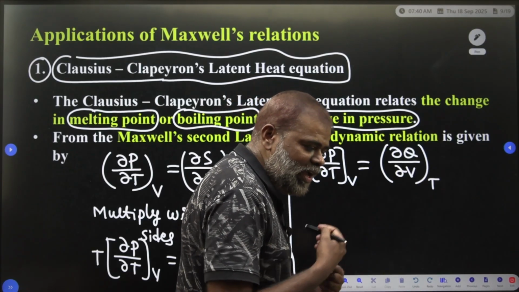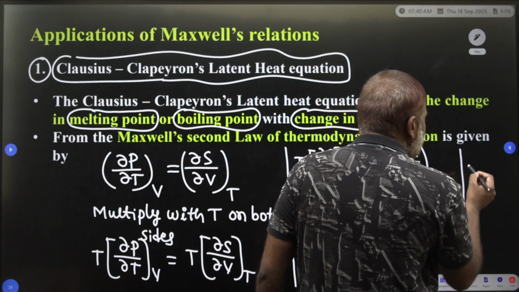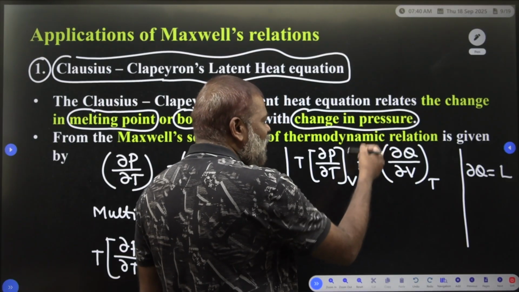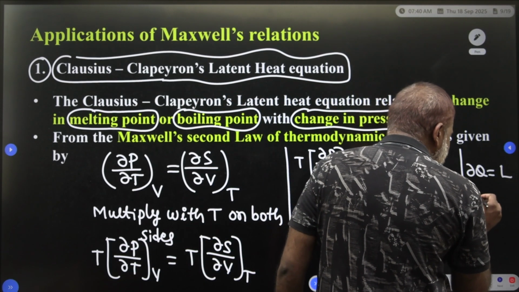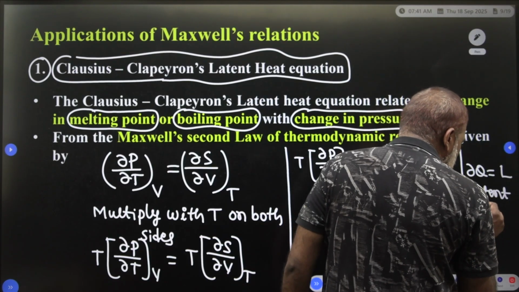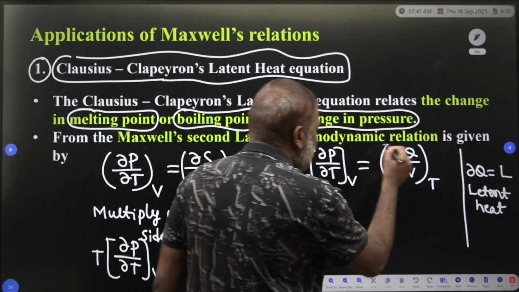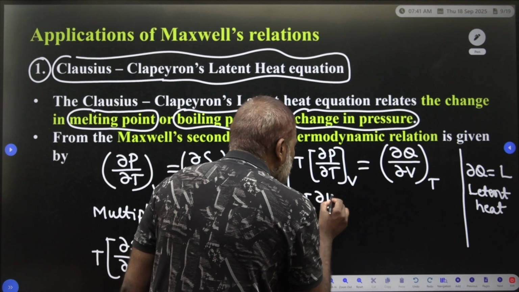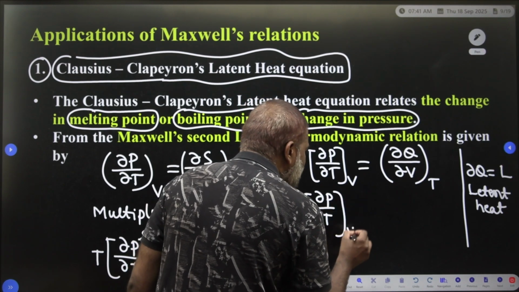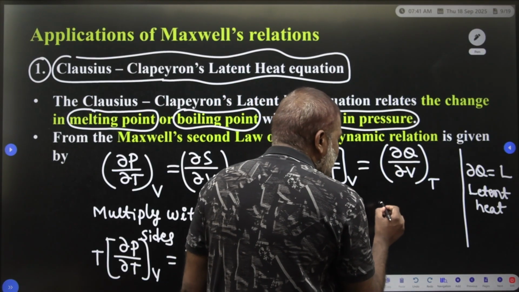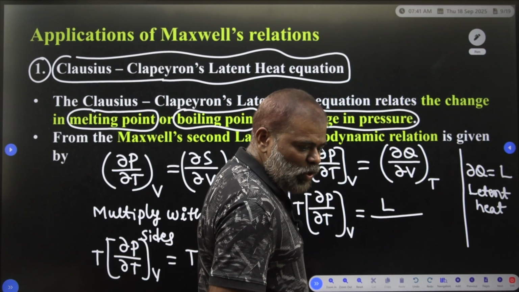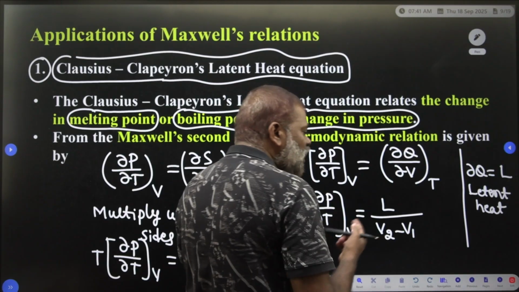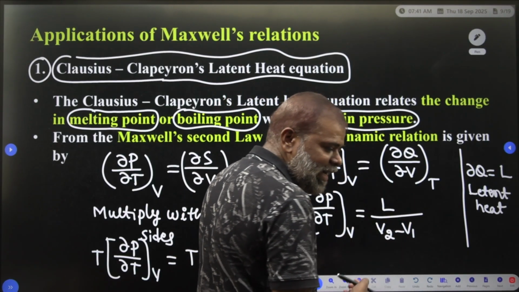So this dQ is used as the latent heat, and because we call it the latent heat equation, we take dQ equal to L. And dV is equal to V2 minus V1, the change in volume from V1 to V2, at constant temperature.